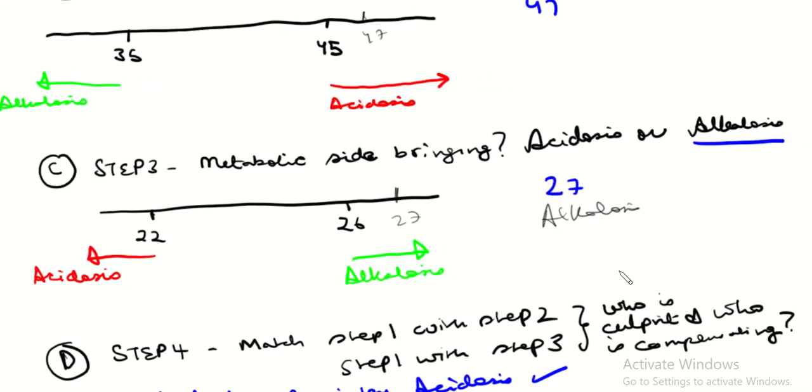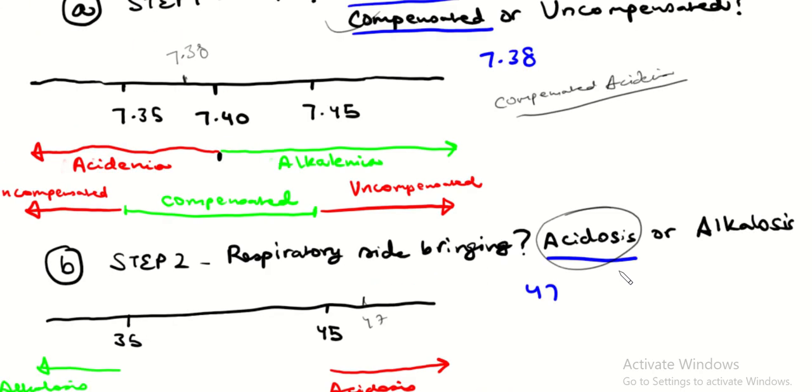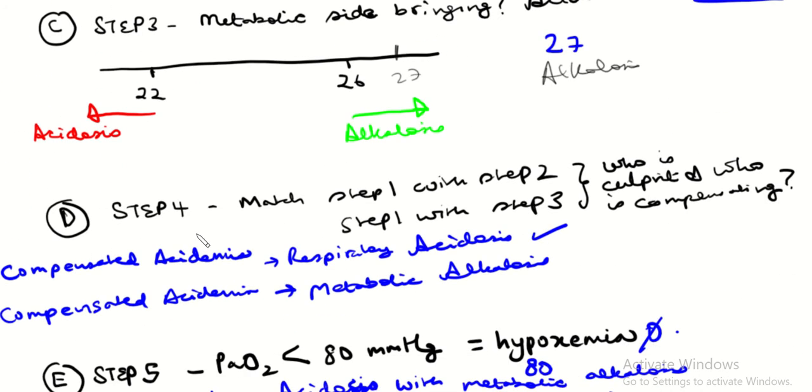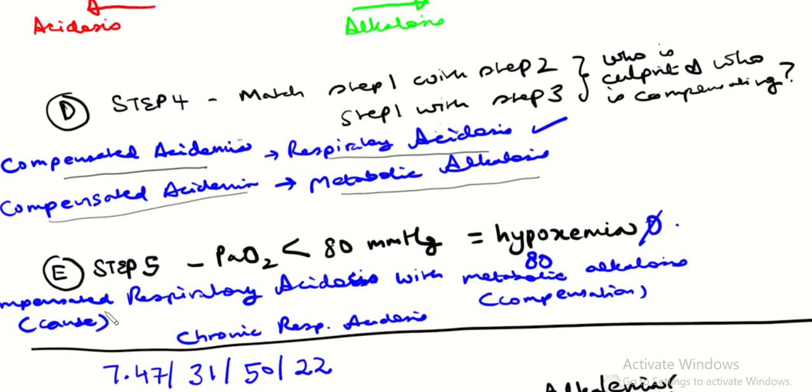Now I got to match. Compensated acidemia with step 2, which gives me respiratory acidosis. Compensated acidemia with step 3, which is metabolic alkalosis. Which one is matching? Acidemia is matching with acidosis. So this is compensated respiratory acidosis.